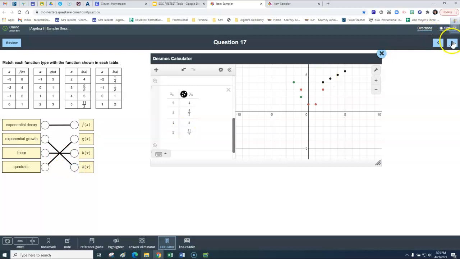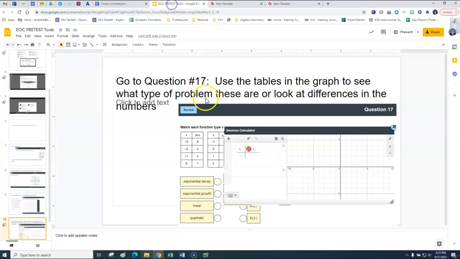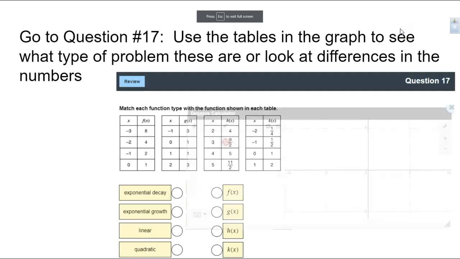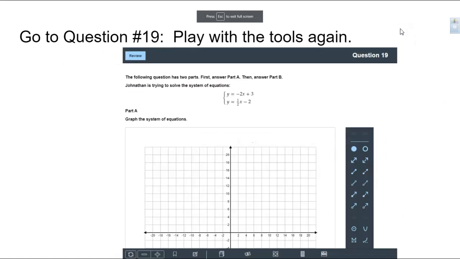All right. So now let's talk about number 19. So number 19, again, you have to play with the tools, okay?